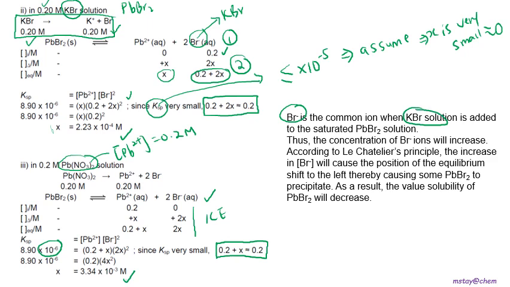So the concentration of Br- increases. According to Le Chatelier's principle, the system will oppose this by reducing the concentration of Br- by shifting to the left, so that more PbBr2 precipitate is formed. As a result, the solubility of lead 2 bromide is decreasing.